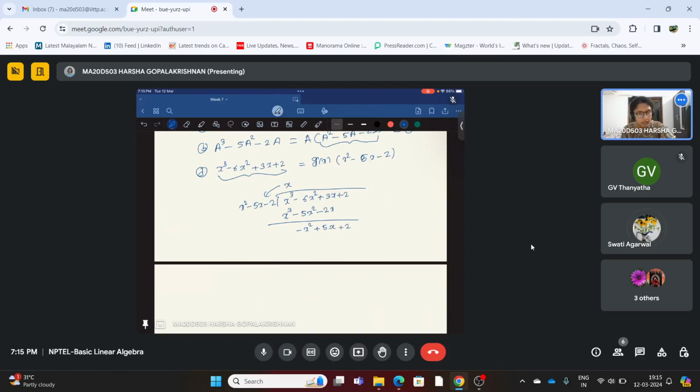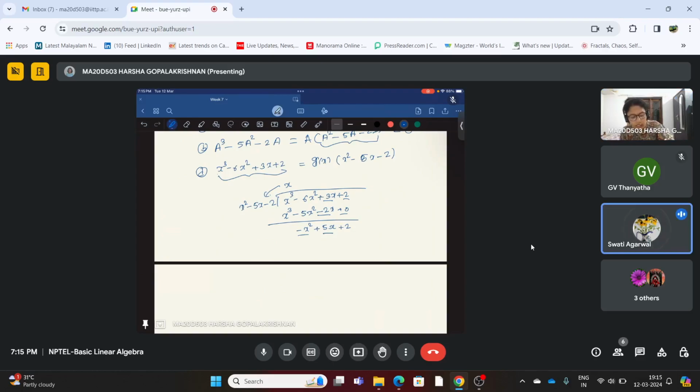So 5x, right? What I am doing is subtracting all the same kind of powers. Minus x square minus minus 5x square, so I got minus x square. Now 3x minus minus 2x, so it is 5x. 2 minus 0, the constant term is not there, so it is 2. Fine.